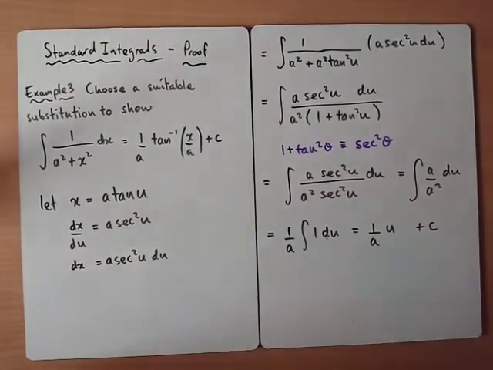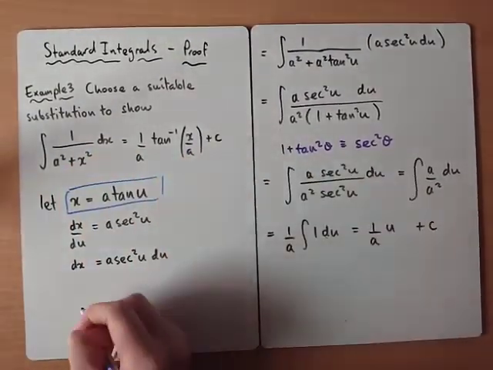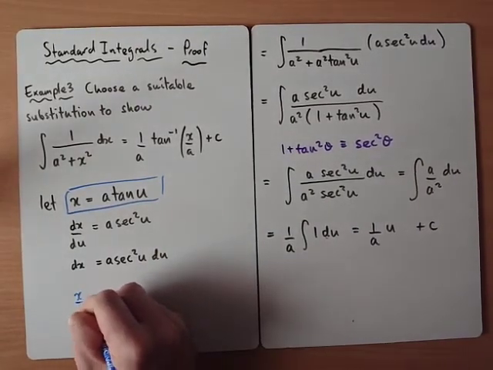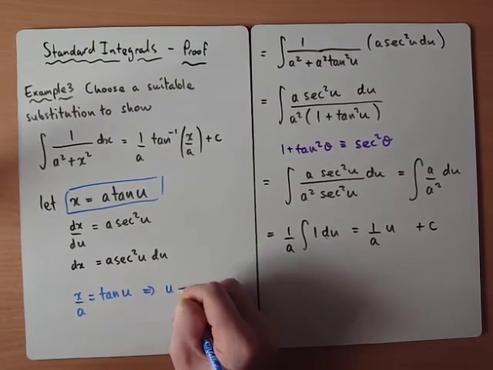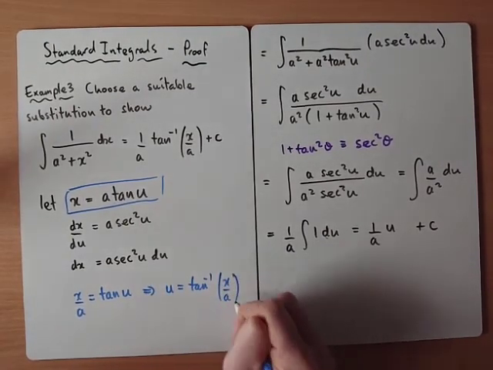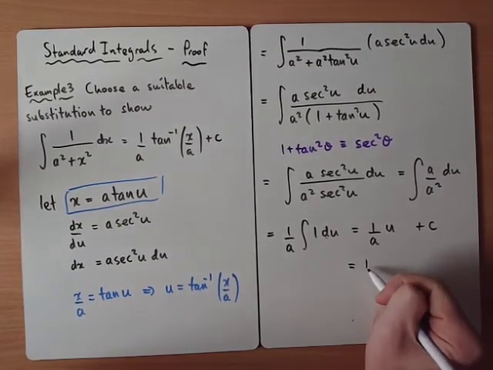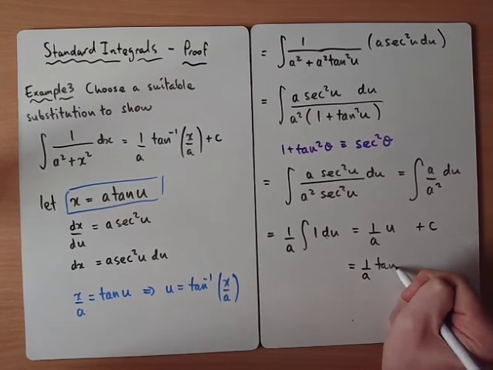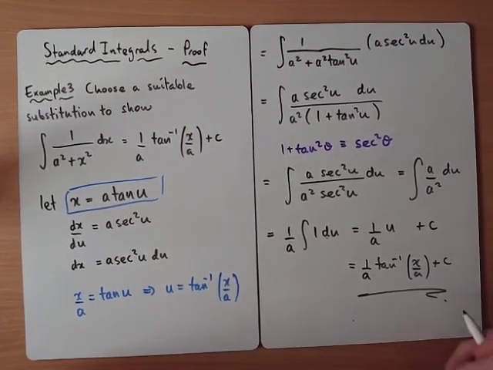And then we just go back to our substitution to finish it off. So it'll be 1 over a tan inverse of x over a. Thank you.